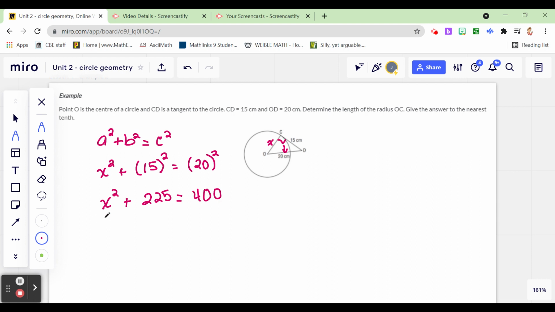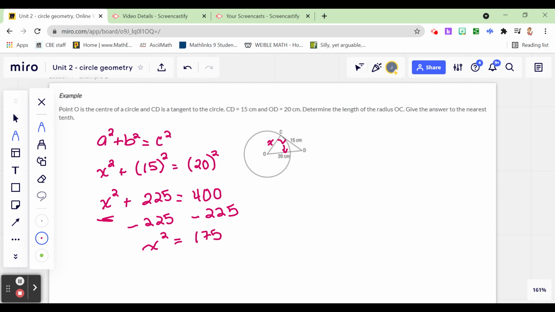Then I'm going to isolate my x. So I'm going to subtract 225 from one side, and I need to balance the two sides, so I have to do the same to the other side. I would get x squared equals 175.